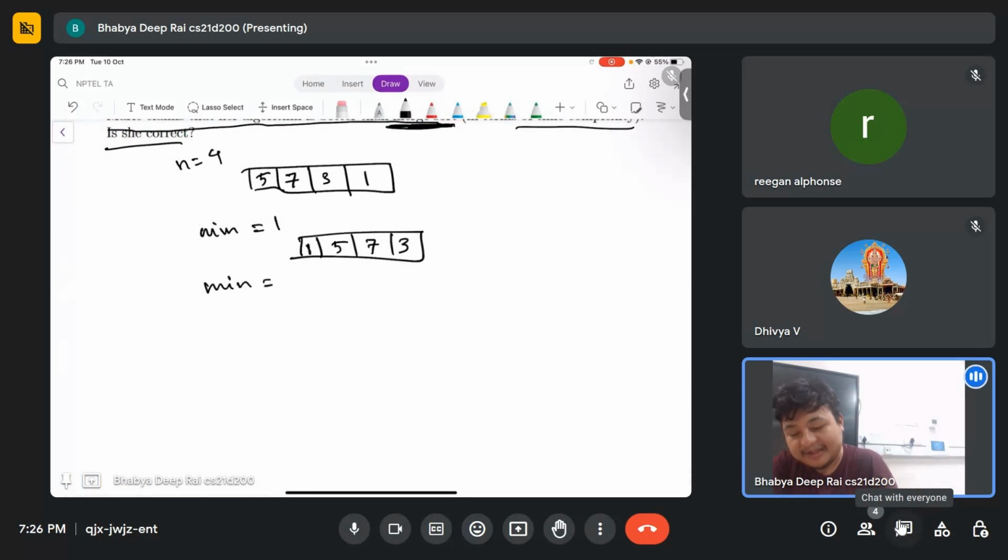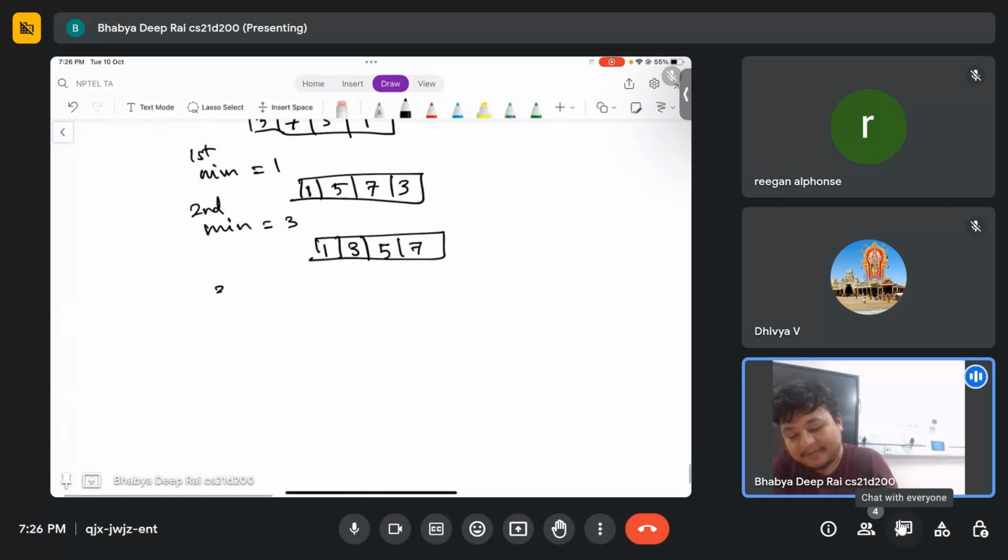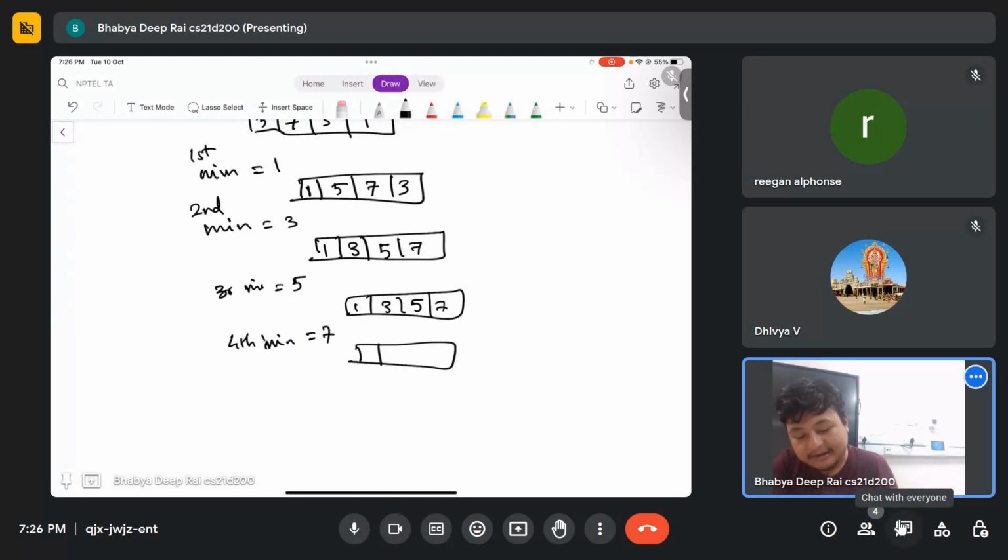Then she finds the minimum again, say 3, and she places it at the ith position. This is the first minimum number, this is the second minimum, 5, 7, and the third minimum is 5. So it will remain like this: 1, 3, 5, 7, and the fourth minimum is equal to 7, and it's placed at the fourth position.